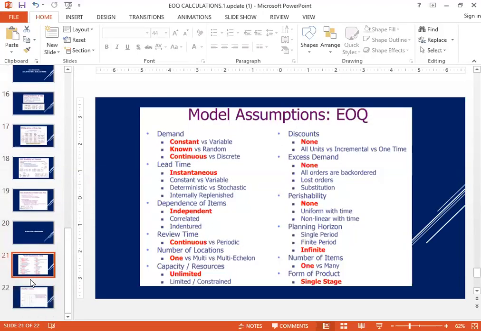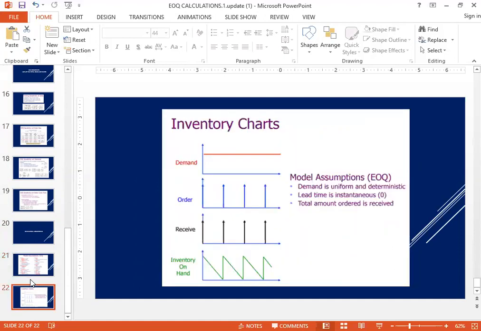I now want to talk a little bit about some of the EOQ model assumptions. There are a lot of assumptions for the EOQ model. Some of the most important ones are that demand is considered to be uniform and deterministic, so you can easily determine what the demand is going to be. It's considered uniform, so there's not a lot of increase or decrease.